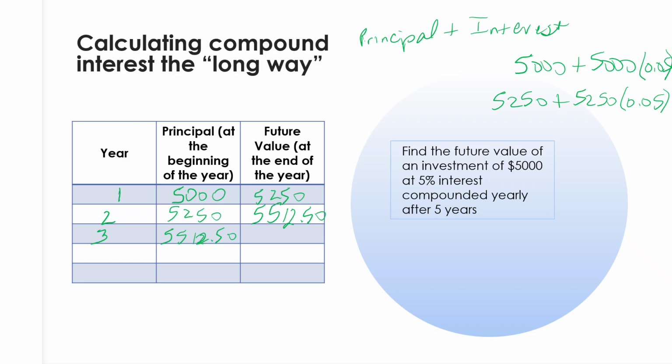So for year 3, if you've noticed the pattern, now we're going to take the 5,512.50 and add the interest.